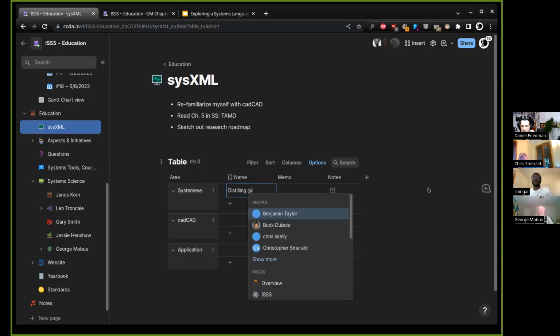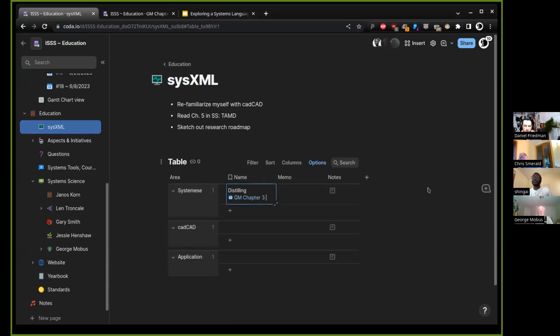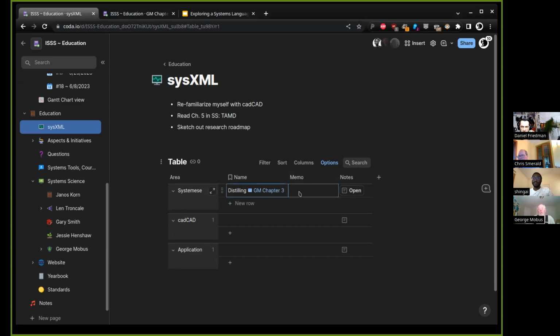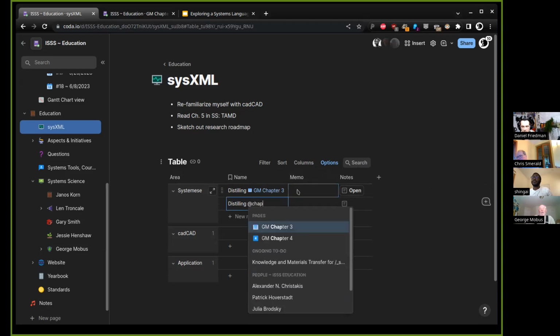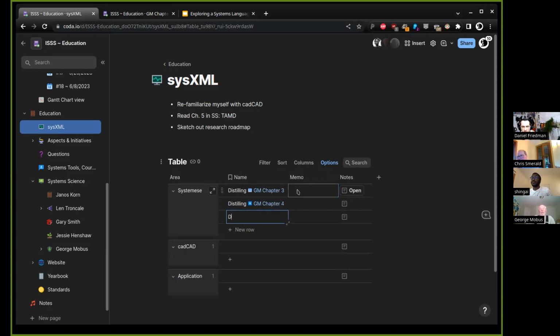Okay. The chapters that are relevant for basically the specification of systemese, chapter 3 and chapter 4, or are there other chapters that are important to consider on that? Those are the ones that establish, well, let's see, chapter 2, chapter 3, and chapter 4 all pretty much go together. The knowledge base is, I think, chapter 5? I think chapter 8, actually.